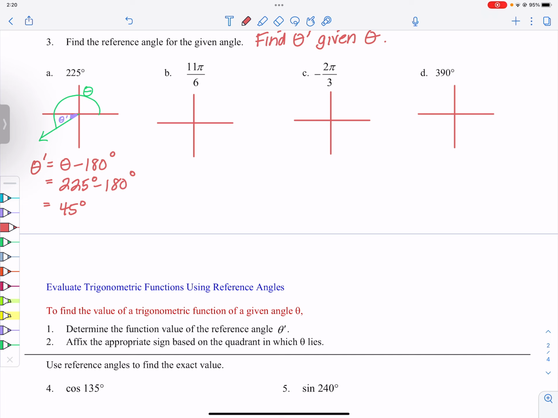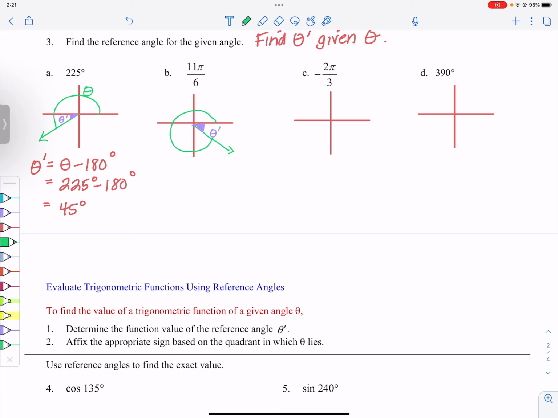11 pi over 6. It is actually just less than 12 pi over 6, which is 2 pi. So we are almost all the way around. We're about right here. And this is what we're looking for right here, this angle here, which is theta prime.